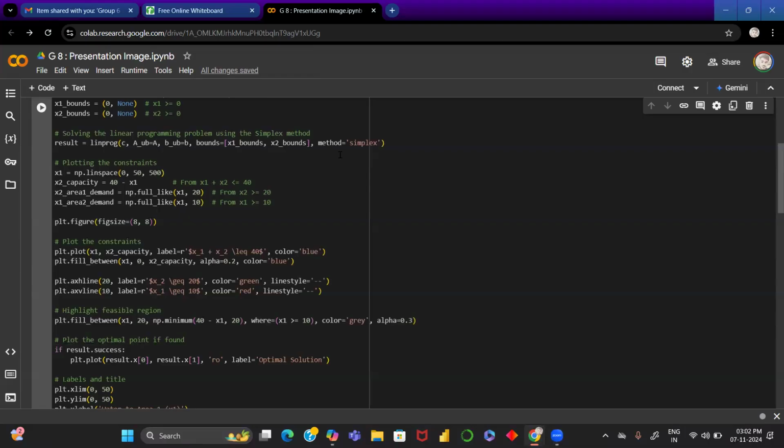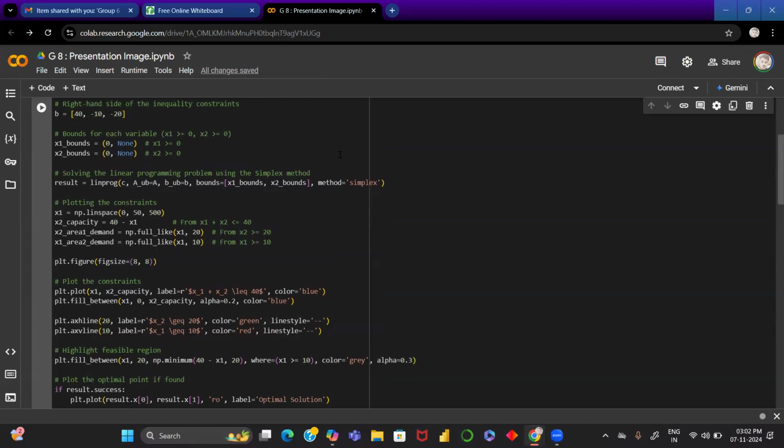So x1 equal to that, x2 capacity equal to 40 minus x1, which represents the function x1 plus x2 less than or equal to 40. And x2 area demand represents the function x2 greater than or equal to 20. And x1 area 2 demand represents the function x1 less than or equal to 10.